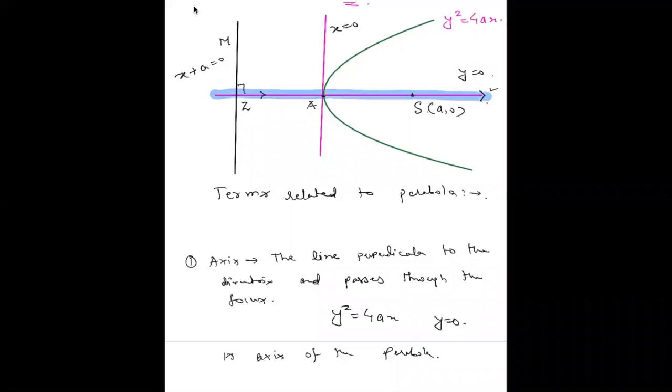This line is the axis of the parabola, right?